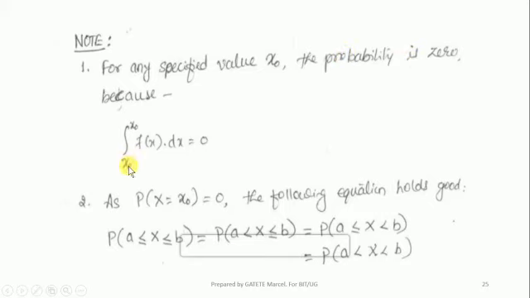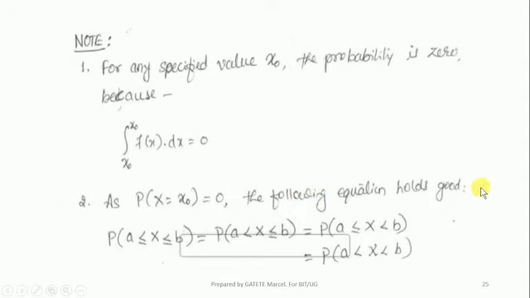If we put x0, this is the lowest value of the range and this is the highest value of the range, and they are equal, so immediately the result of the function will be 0. So the probability that x is equal to x0 is equal to 0. We can write it like this or this one, no problem. The following equation will hold good.